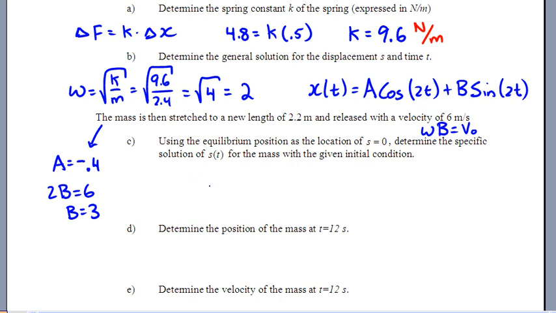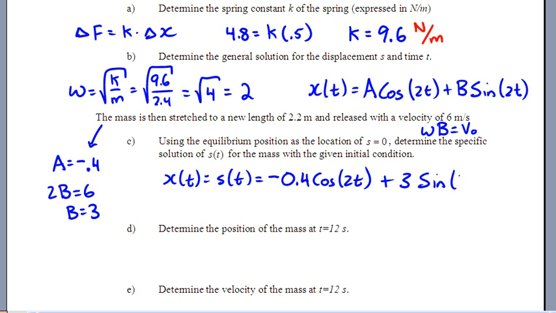Yep. Oh, I was using x. Whether you use x or s, it doesn't really matter, right? So x, s, whatever position, looks like it's going to be negative 0.4 times the cosine of 2t plus 3 times the sine of 2t.